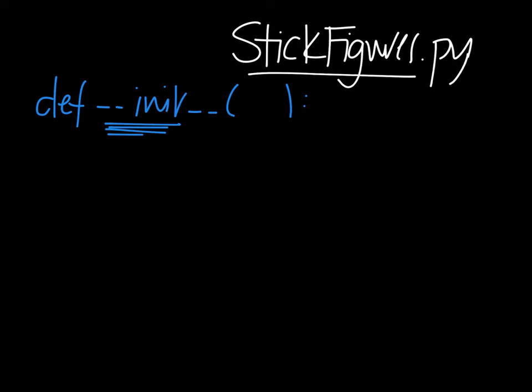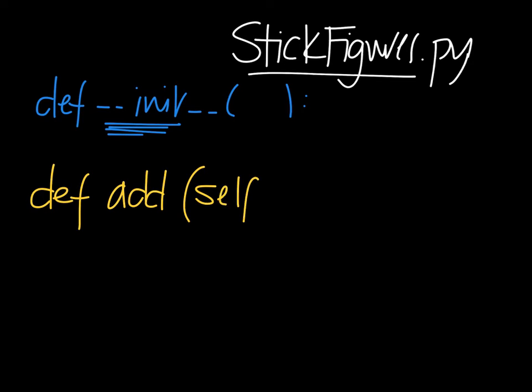Now I want to do it here inside the stick figures class. So I'm going to create a method. I call it add in terms of adding. I always have to have my self keyword, and the variables I want to pass are my x0 and my y0.